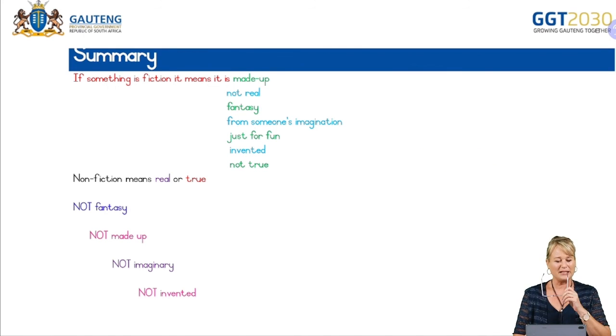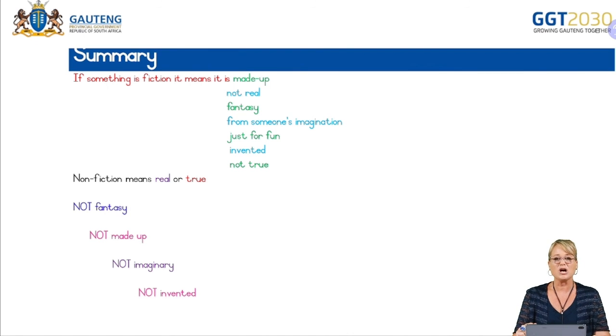Right, let's have a look at our summary. So remember the difference now between fiction and non-fiction. Fiction means it is made up, it is not real, it's fantasy, it's from someone's imagination, it's just for fun, it's invented, and it's not true.